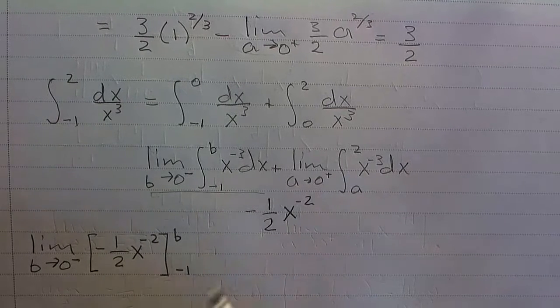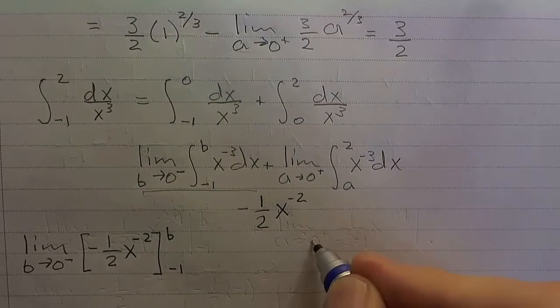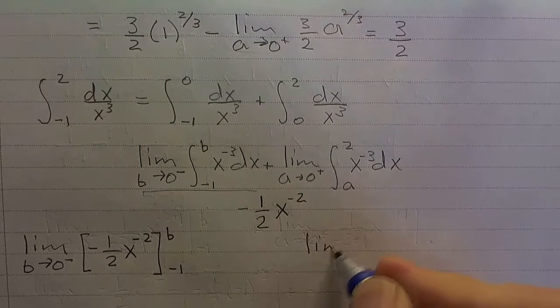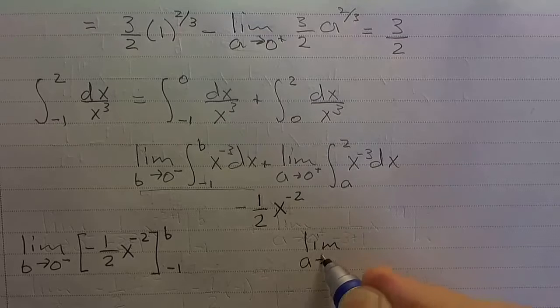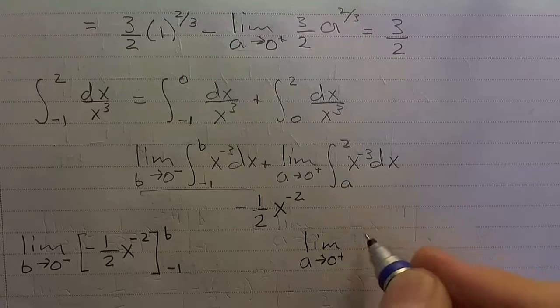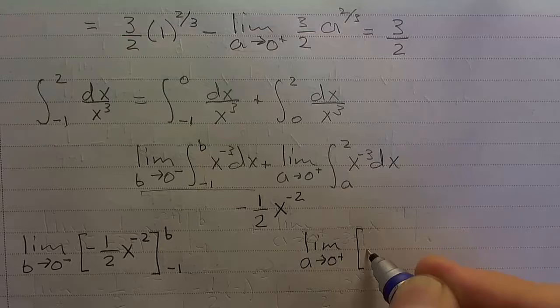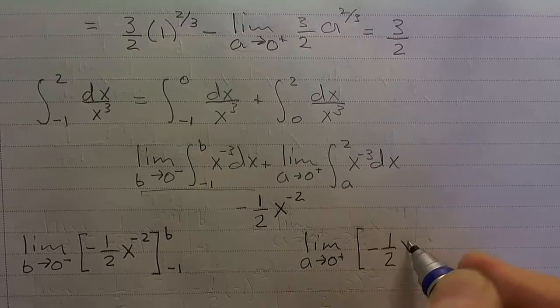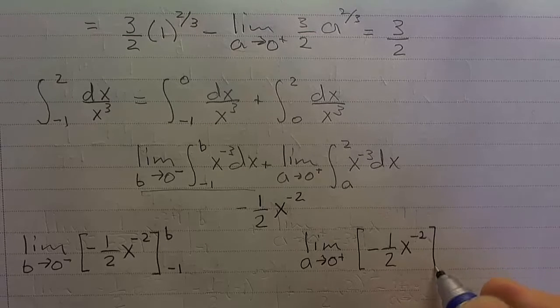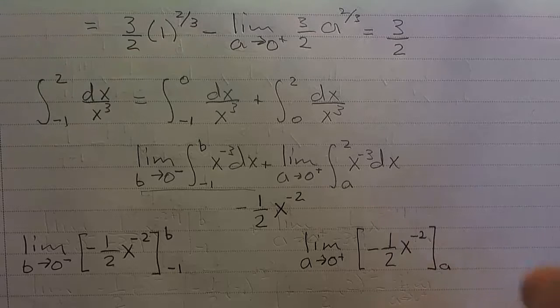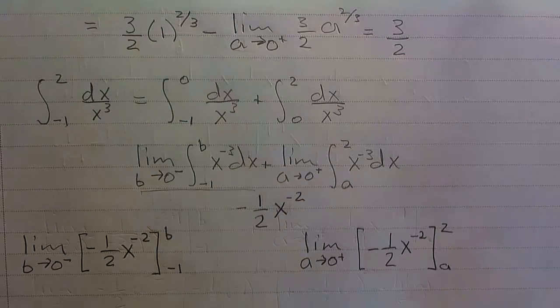Okay, so that's this one here. Now this one over here, it's going to be the limit as a goes to 0 from the right of, same thing, -1/2 x to the -2 from a to 2.